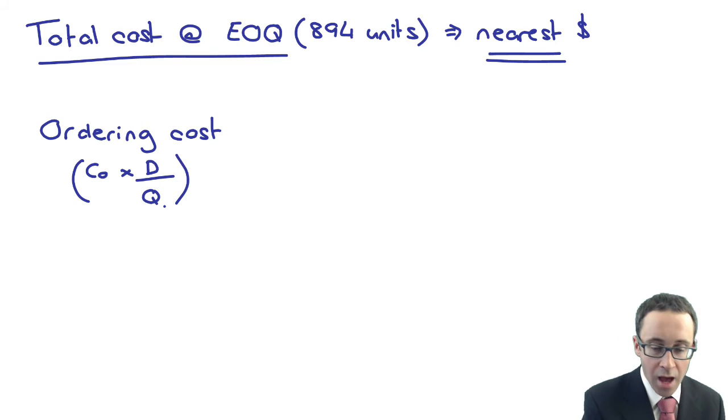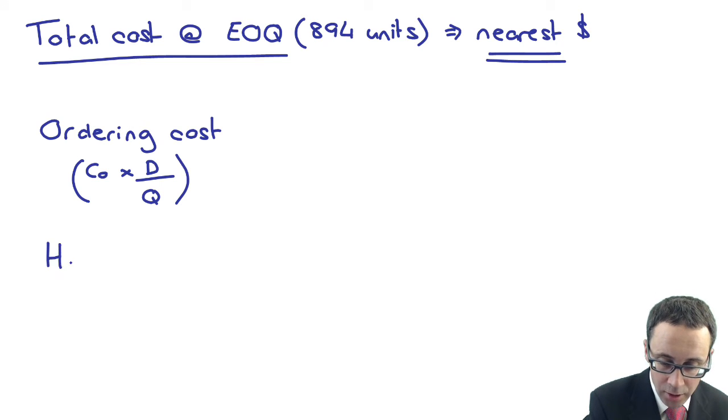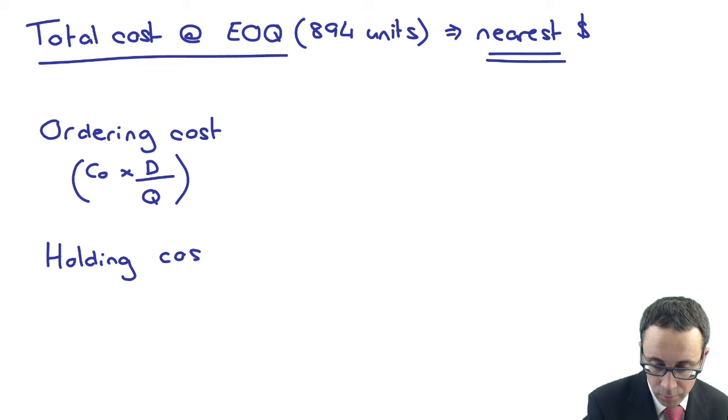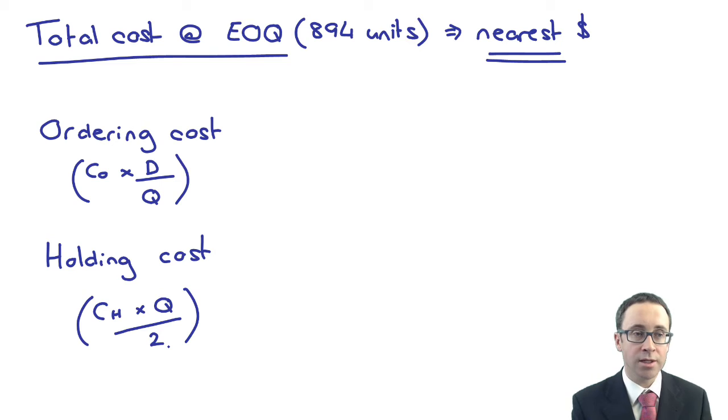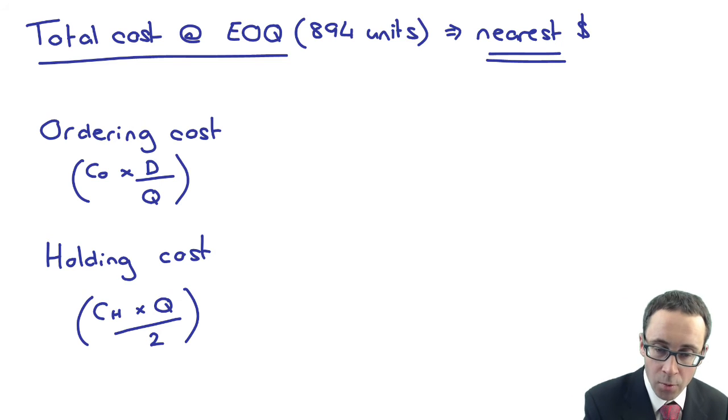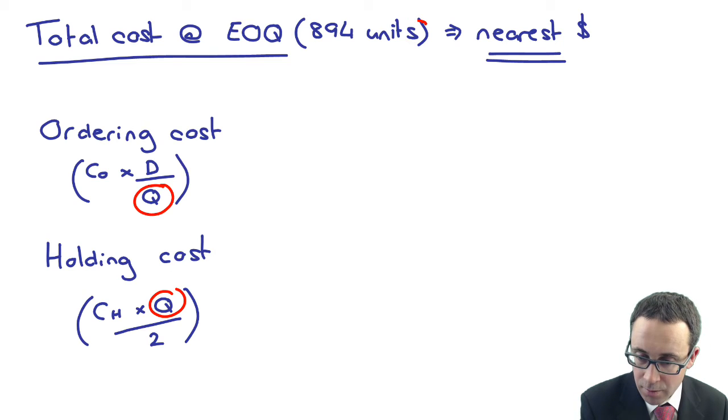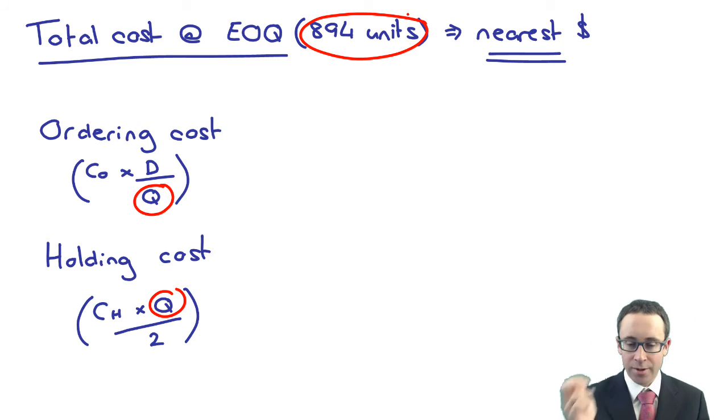Then we need to look at your holding cost, which takes your holding cost and multiplies by the quantity over 2, doesn't it? Remember, we know what the economic order quantity, Q, is, don't we? Because Q is the 894 units, isn't it?